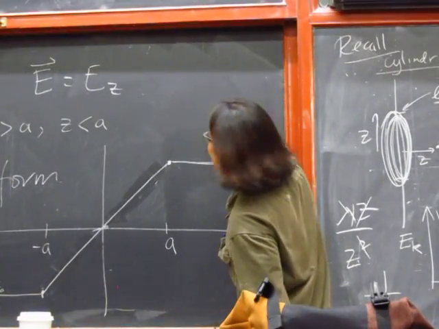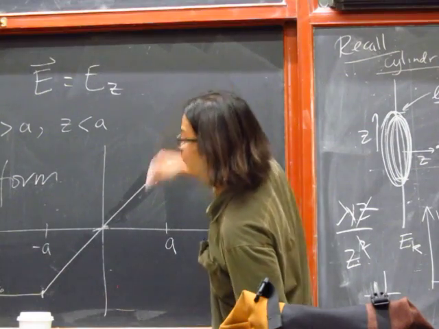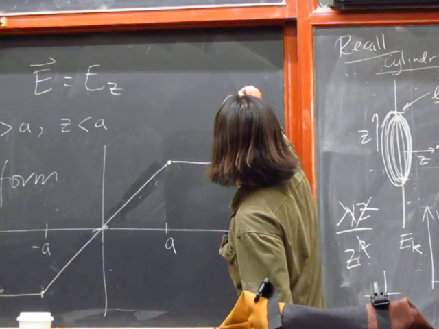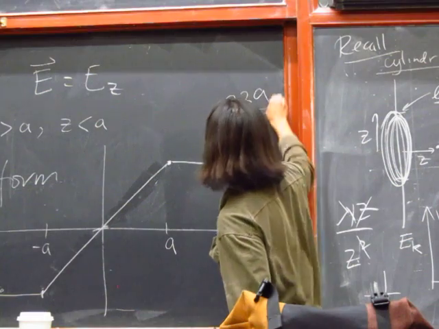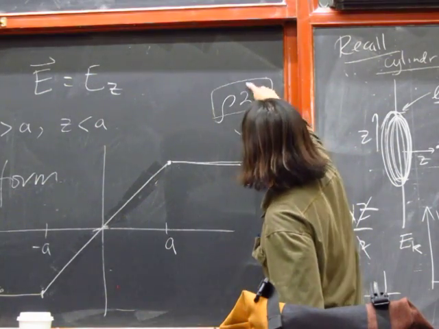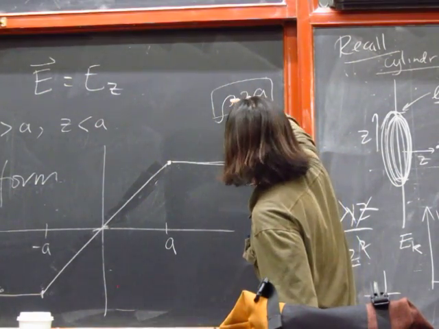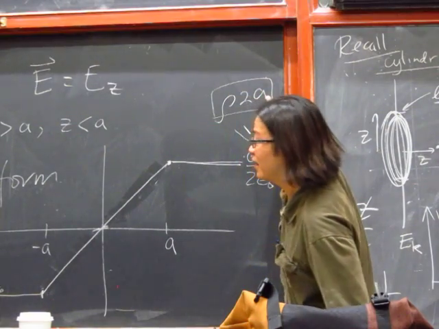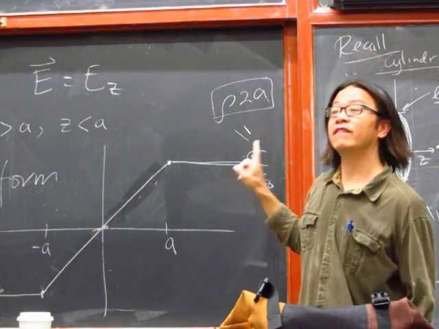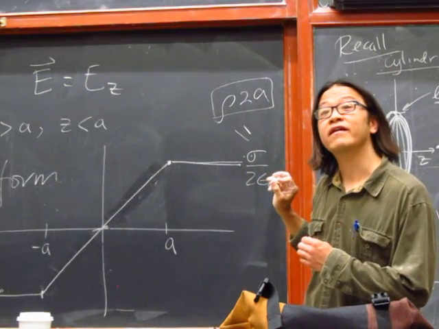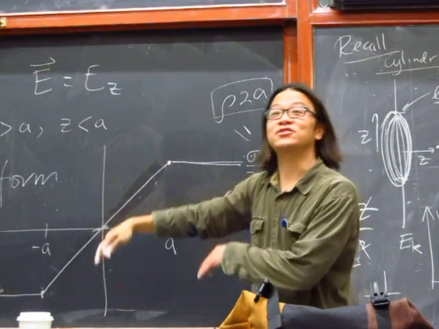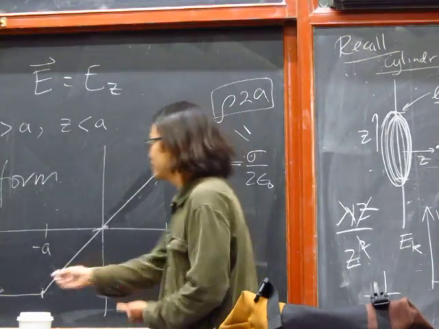Did I make a mistake somewhere? No, you got it right. Then the 2 cancel. I'm left with sigma a over epsilon naught. Okay. This is just algebra. You can do it at home, right?